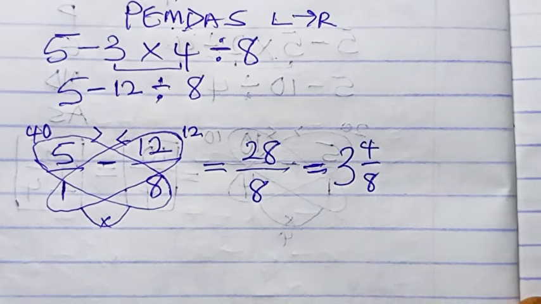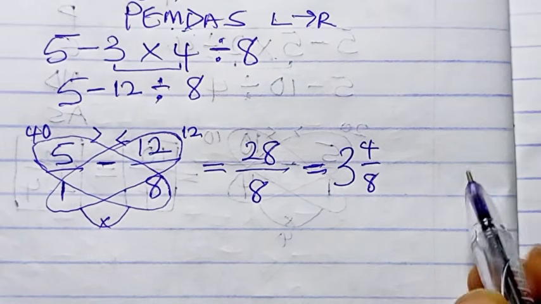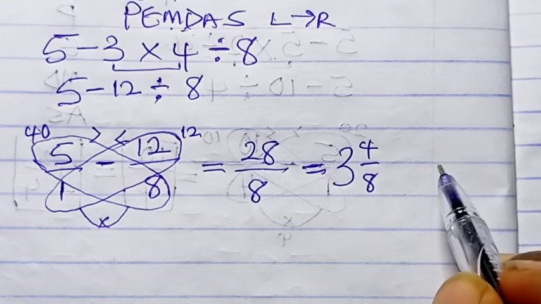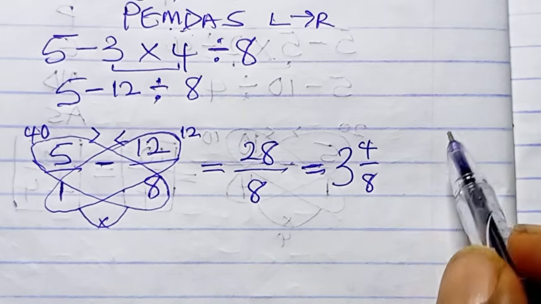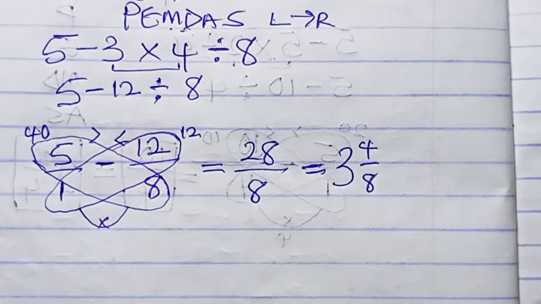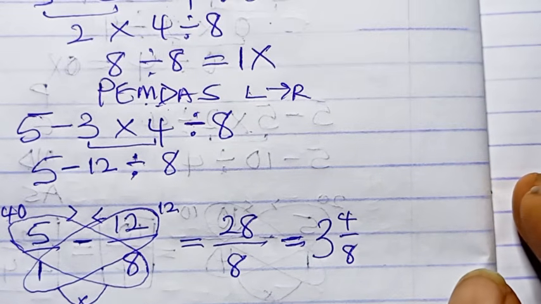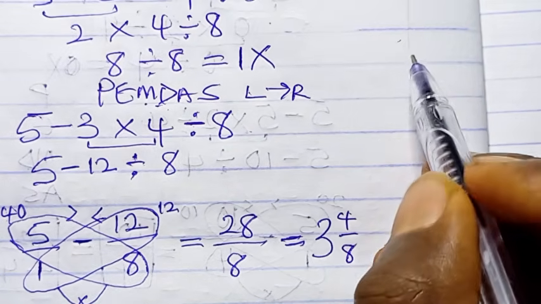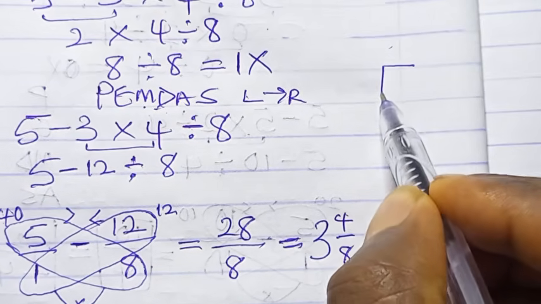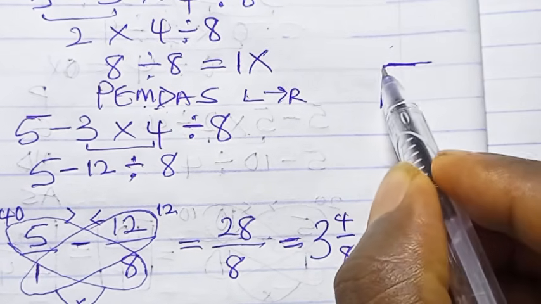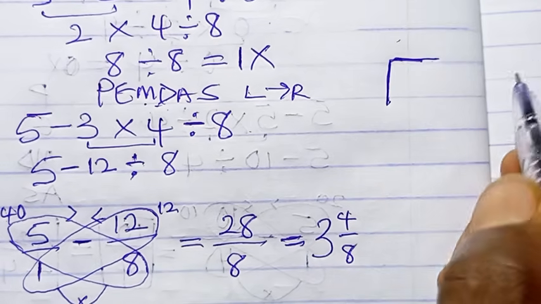So let's try and see if we can make a decimal answer out of this question. So let's draw our decimal line. Draw your symbol. Draw your long division line like this.